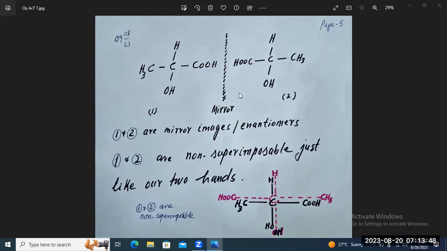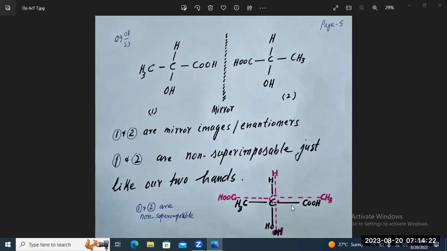Similarly, the CH3 of this structure is coming upon the COOH of this structure. You can see here. This kind of situation is called non-superimposability.